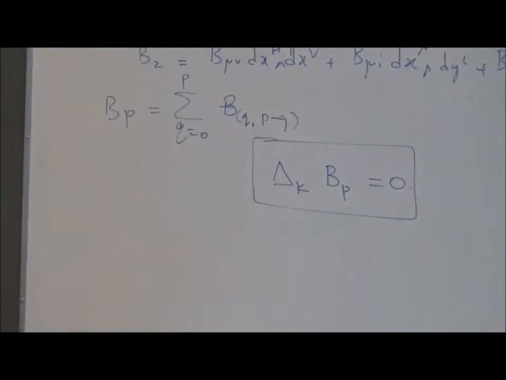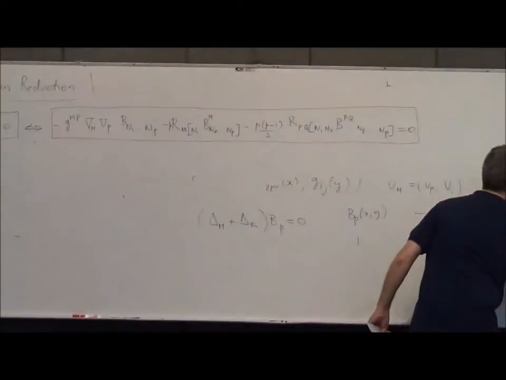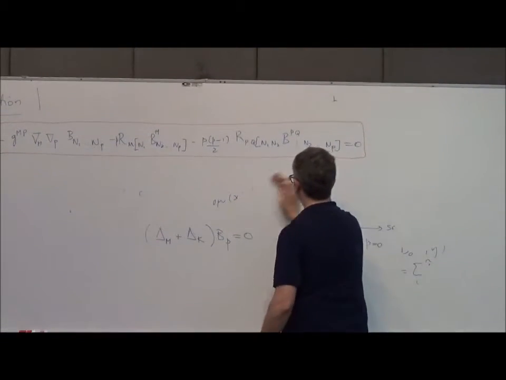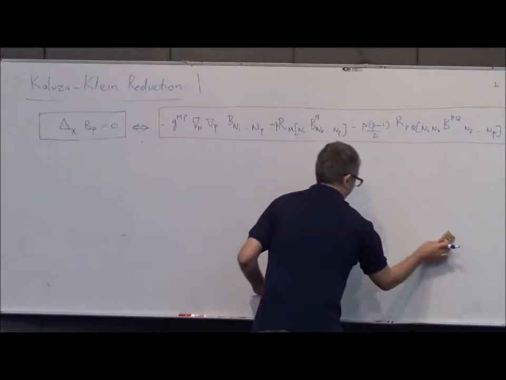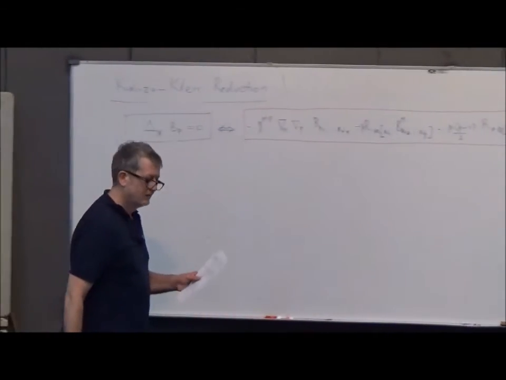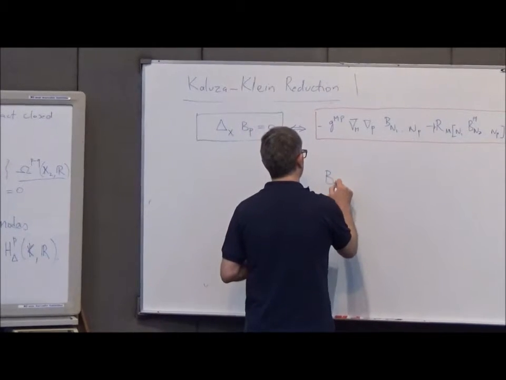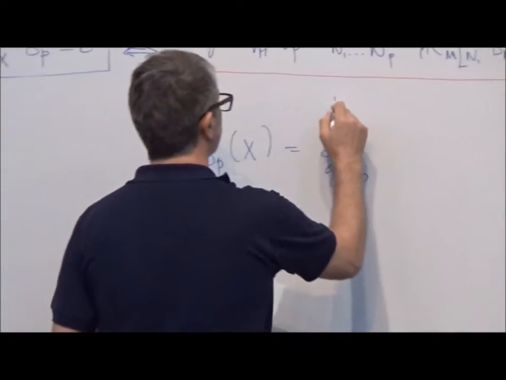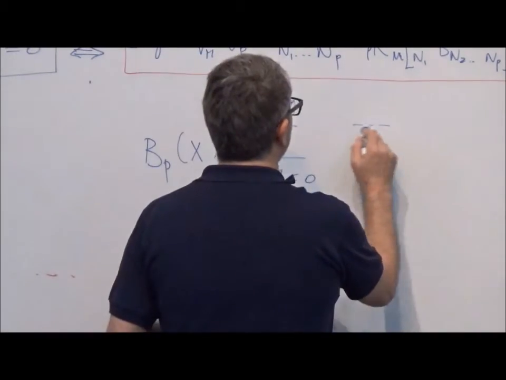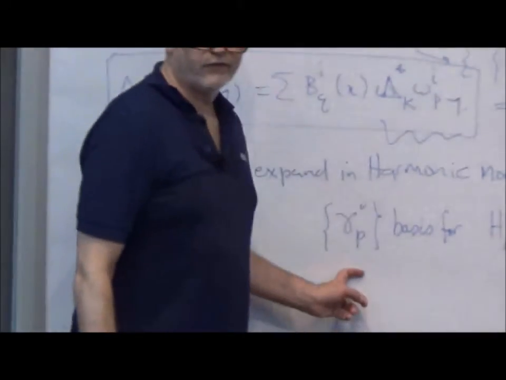I want you to be able to see this, because this is the formula which is so absolutely amazing. All right, so dp of x. Well, we split it into this kind of mixed degree thing. And then we have the sum over a basis of harmonic forms.